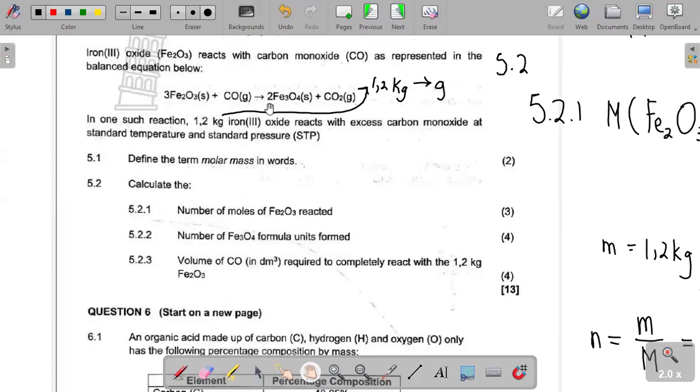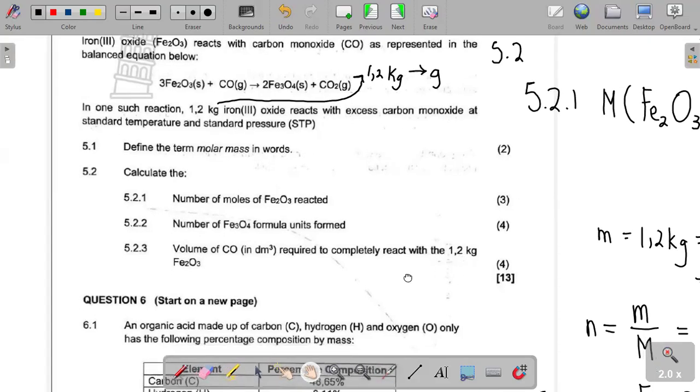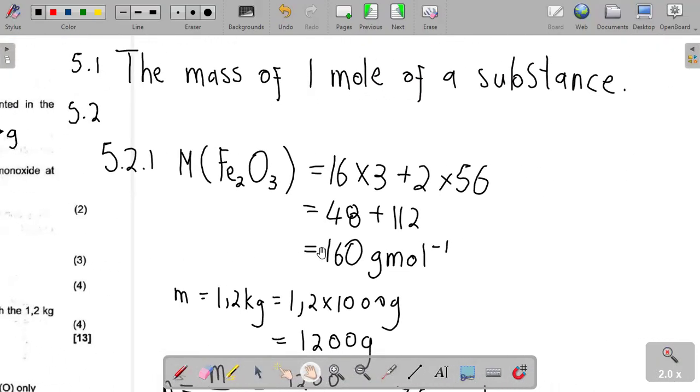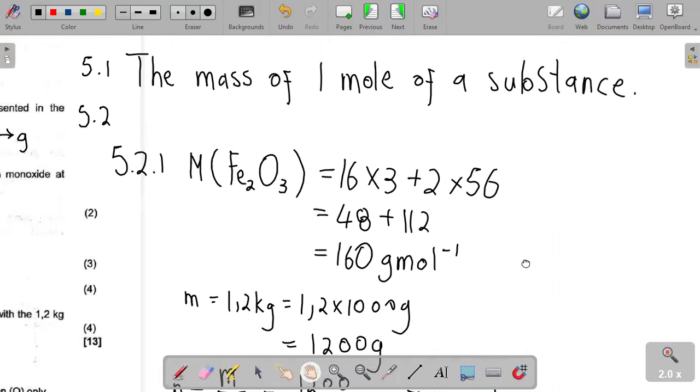Otherwise, if there are numbers, you use the numbers that are given, or the numbers that you used when you were balancing the equation, if you're required to balance it.